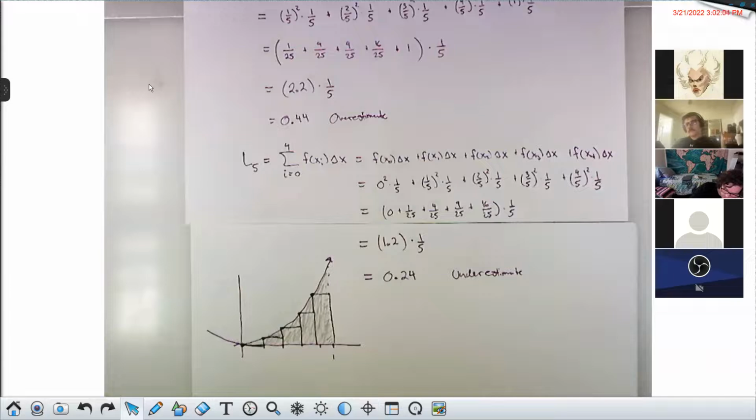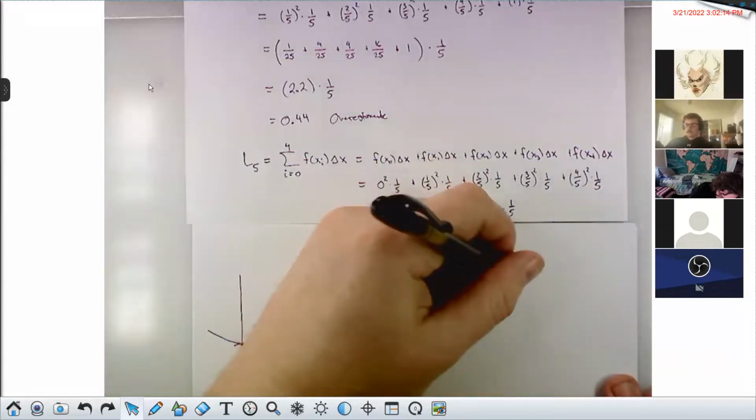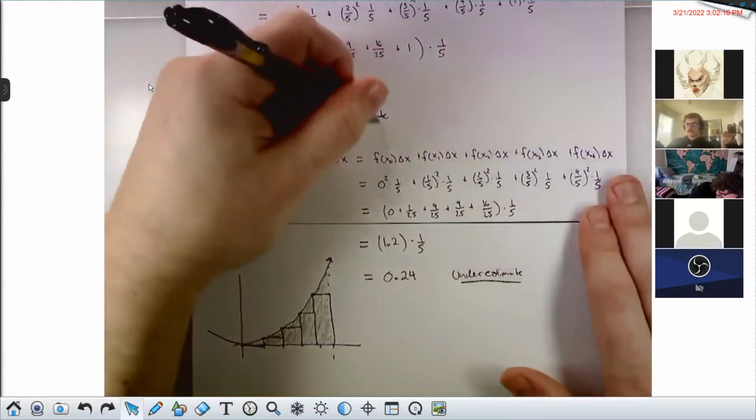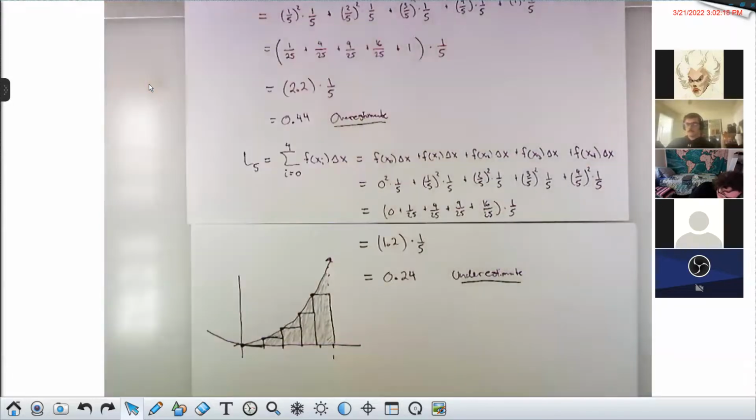So again, this time you see the rectangles come up short. There's lots of pencil-shaded area that isn't measured by the rectangles. And that's how we know that this is an underestimate of the actual area there.